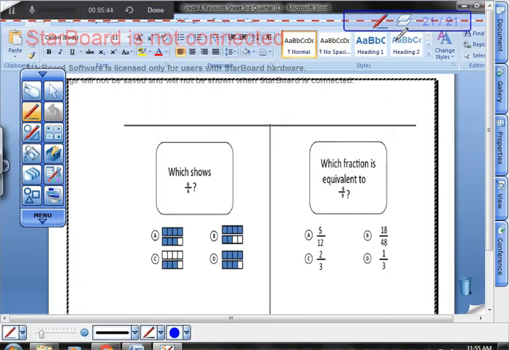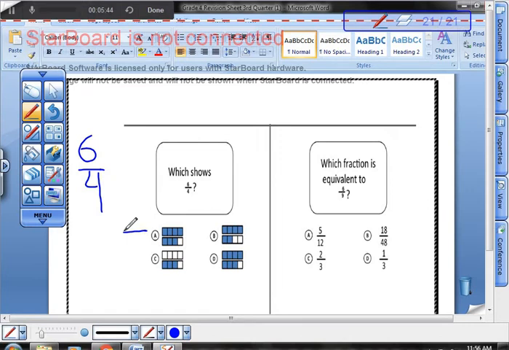Here we have which shows 6 out of 4. We have 4 models. Let's write beside each one its fraction. We said we have a numerator and a denominator. The numerator tells us how many colored or shaded parts are in the model.